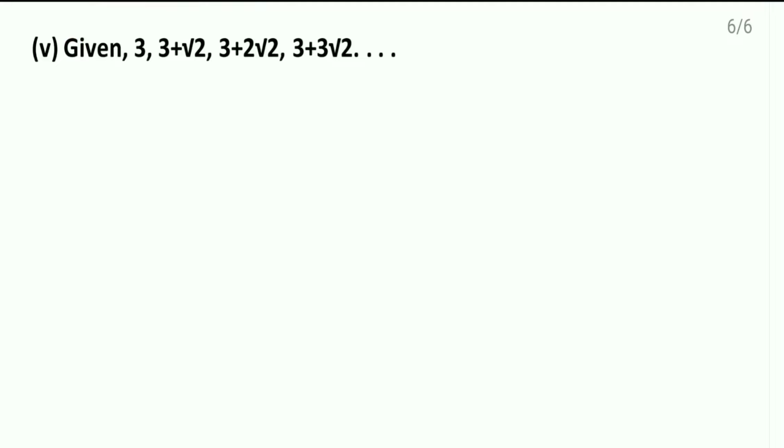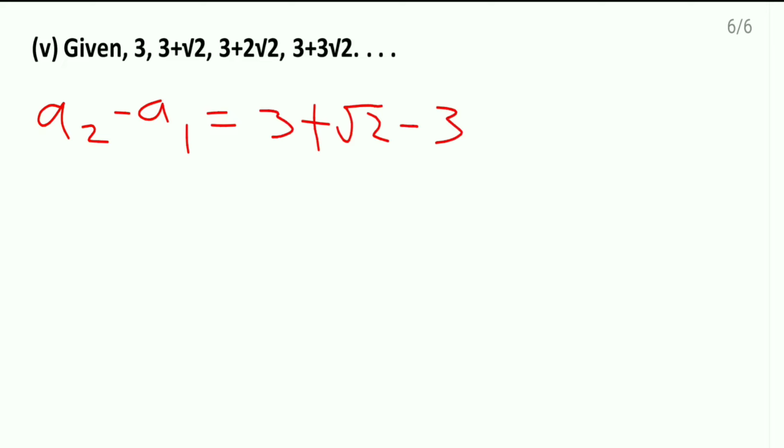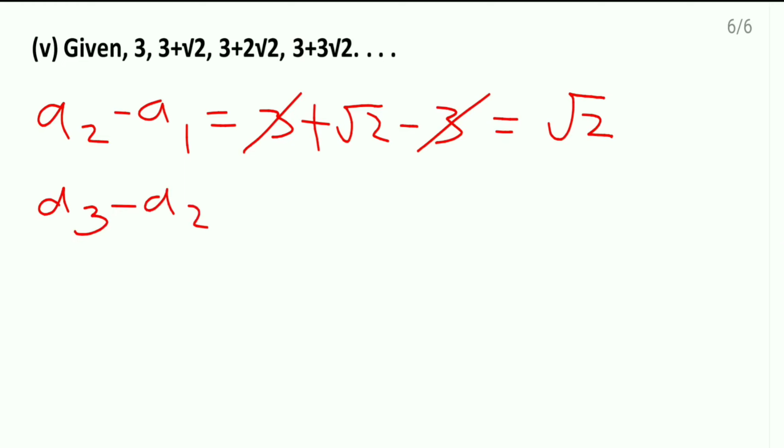Here A2 minus A1. So 3 plus root 2 minus A1, which is 3. Easily you can cancel this minus 3 and plus 3. Your answer comes as root 2. Right? Here A3 minus A2.